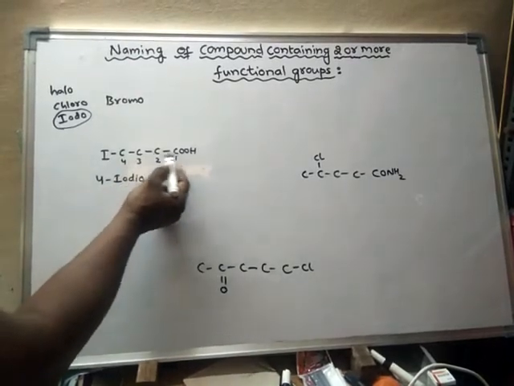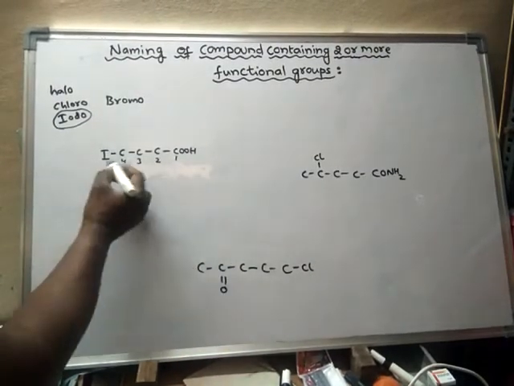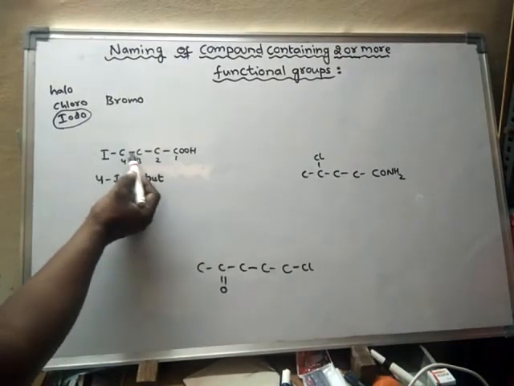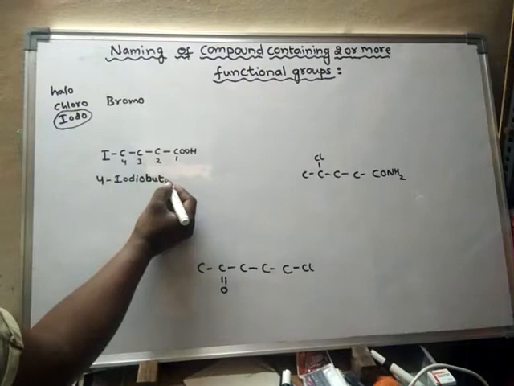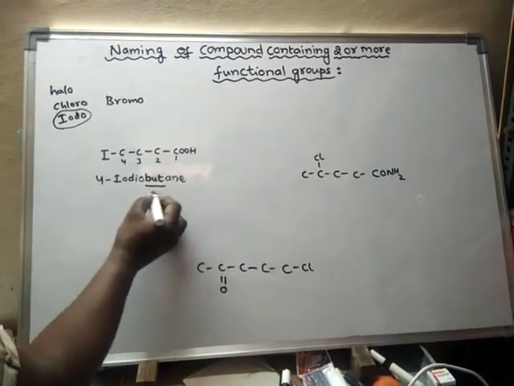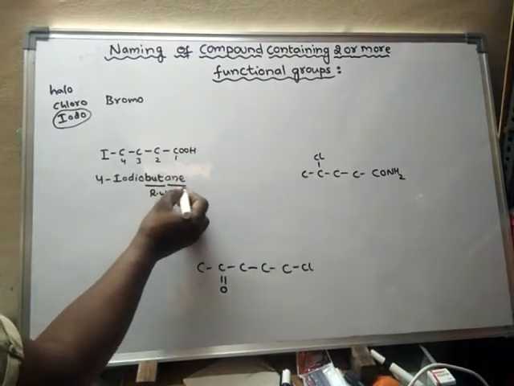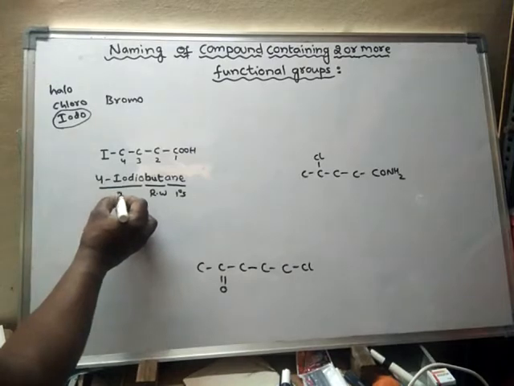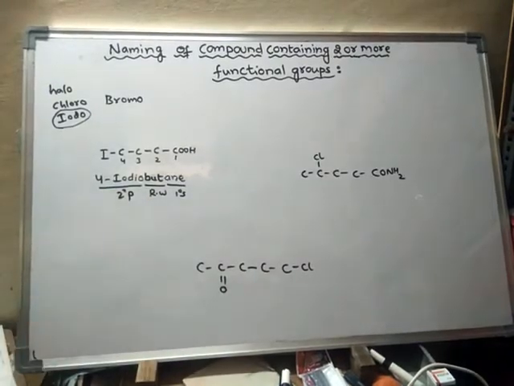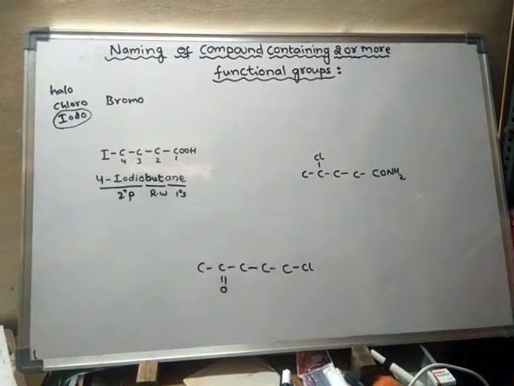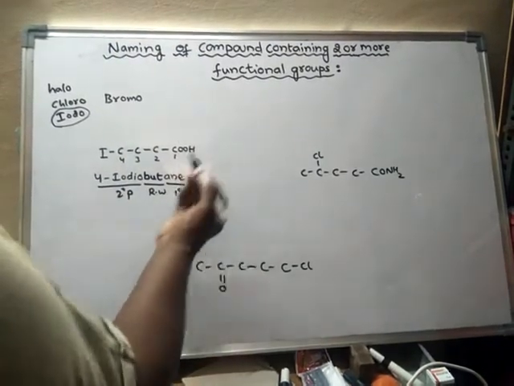1, 2, 3, 4 carbon acid. 4 carbon means but. Between carbon atoms only single bonds are there, hence ane. So this is the root word, this is the primary suffix, and this is the secondary prefix. Whenever a functional group is present, there is also a secondary suffix.